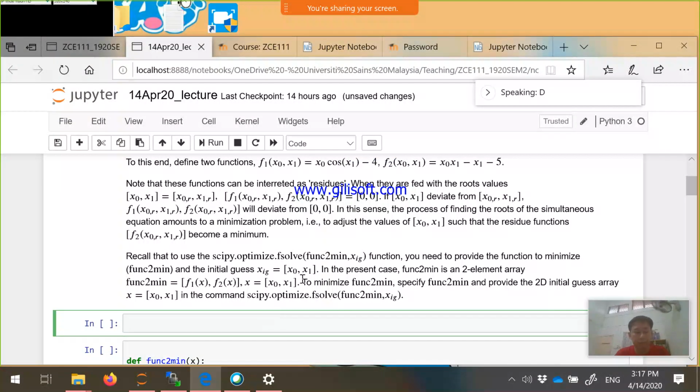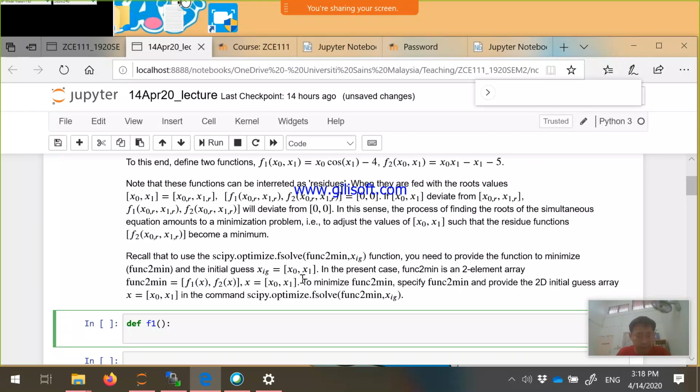First of all, we have to define a function called, say, f1, and this f1 admits the value of x. You have to supply the values of x into the function f1, but be reminded that the argument supplied to the function f1 is an array. We are trying to solve a two-dimensional problem.